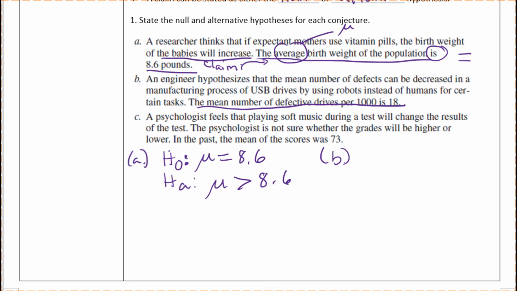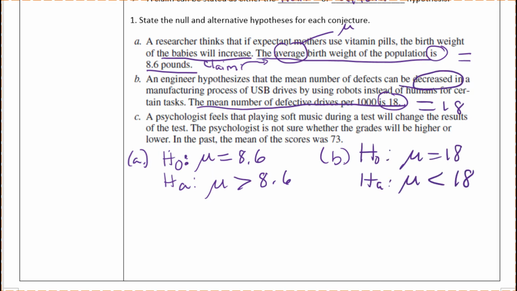Okay, so in this case, since it says is 18, it means equal to 18, that's the null. And it says the mean, so that's mu. In our HA, we want to test whether it can be decreased, so that's the less than symbol, so mu is less than 18.